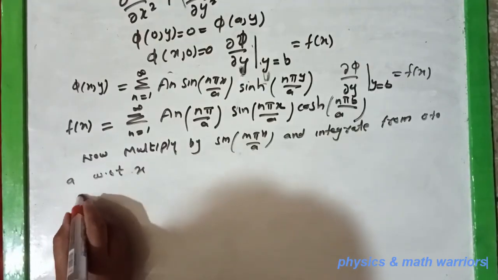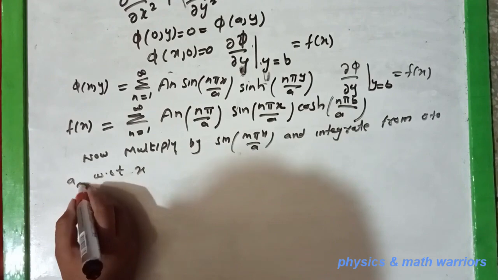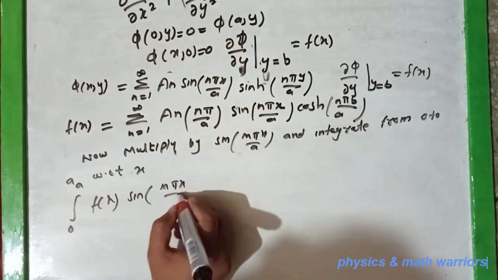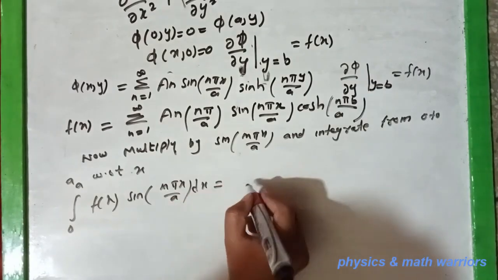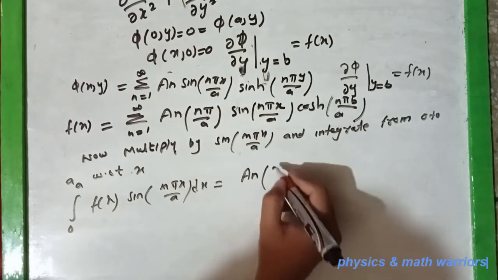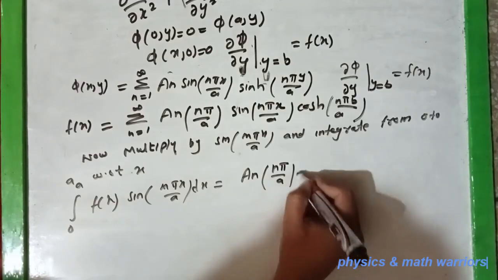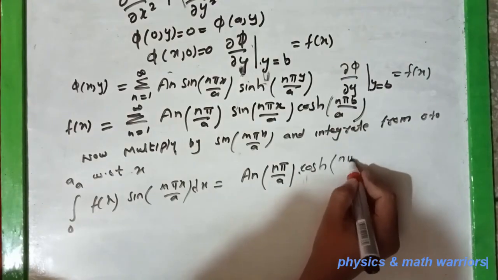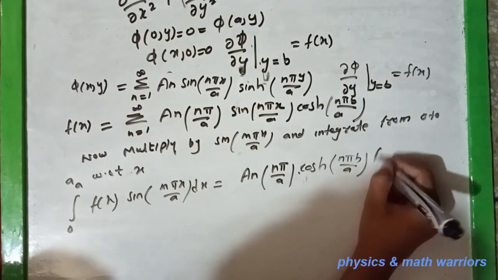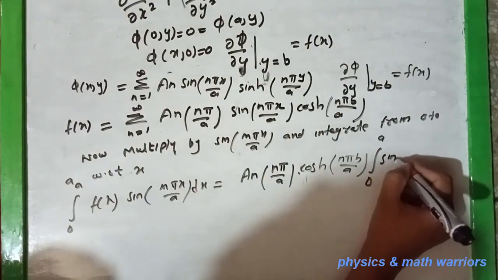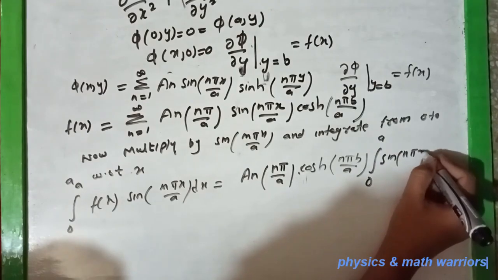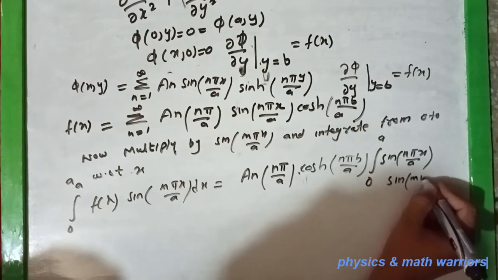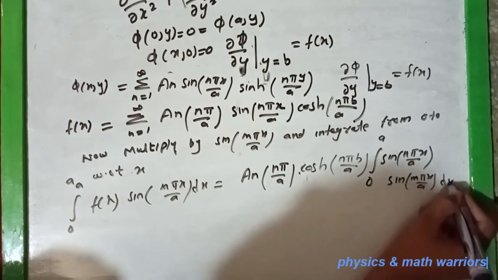So this becomes integral from 0 to a f of x sin m pi x over a dx is equal to a n n pi over a cosh n pi b over a integral from 0 to a sin n pi x over a sin m pi x over a dx.